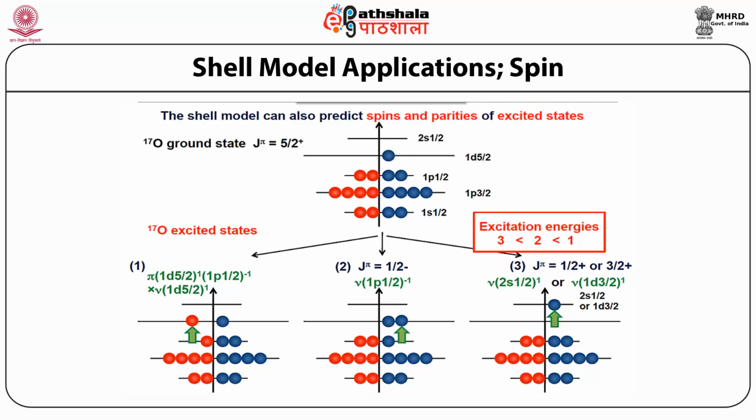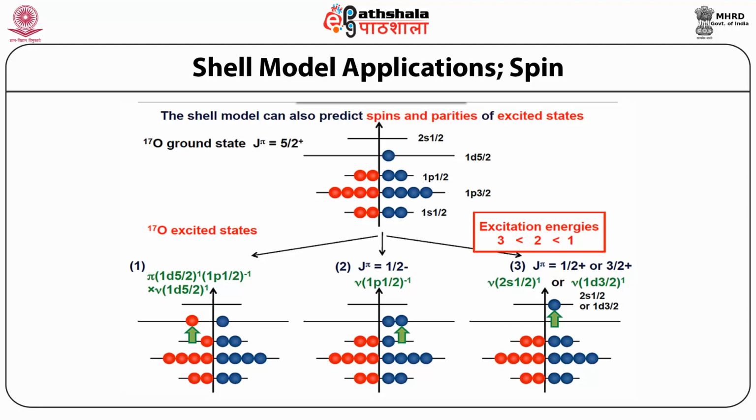Or if the odd neutron is excited to the 1d3/2 orbital, then the expected excited state of oxygen 17 will be 3/2 plus. So, corresponding to these two possibilities, there will be two different configurations.